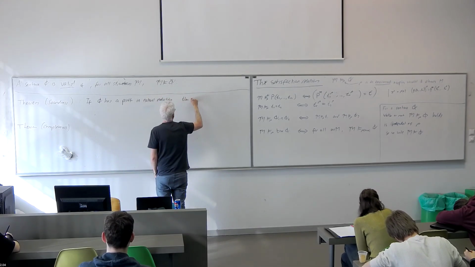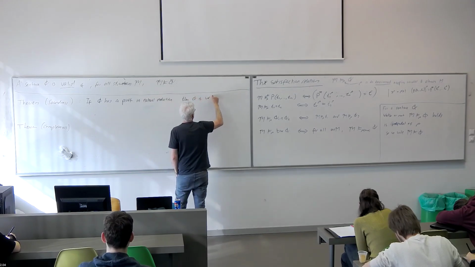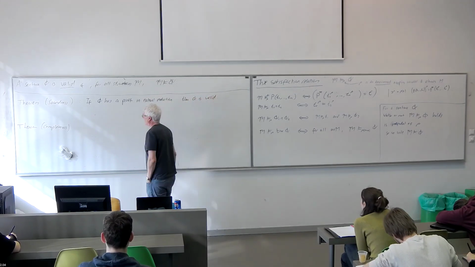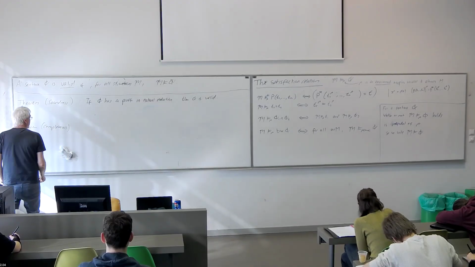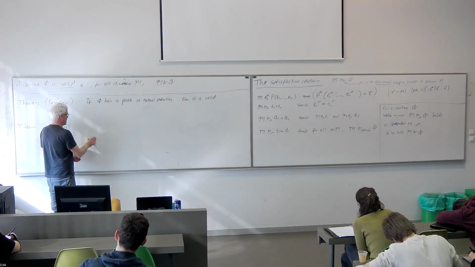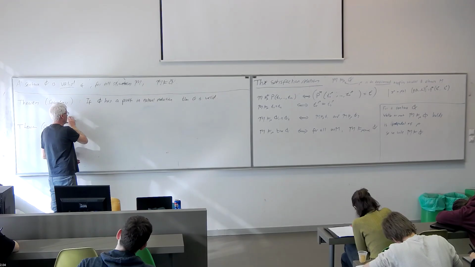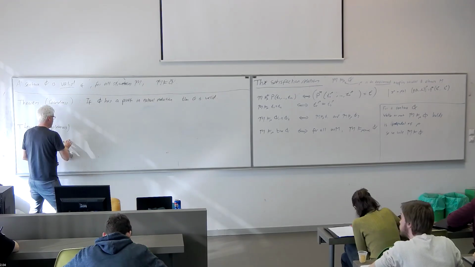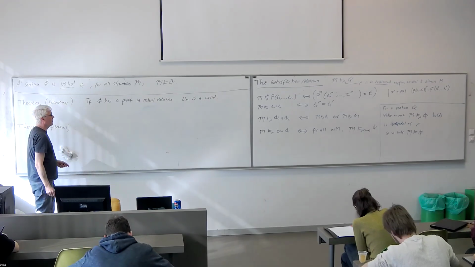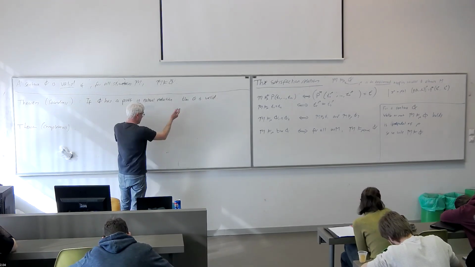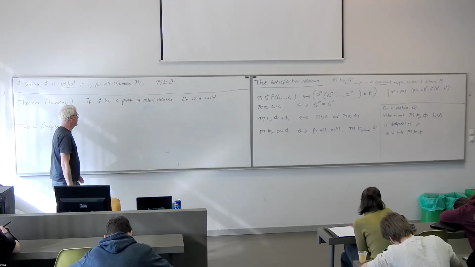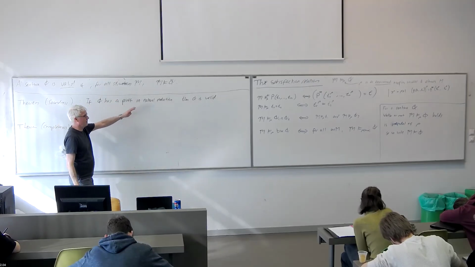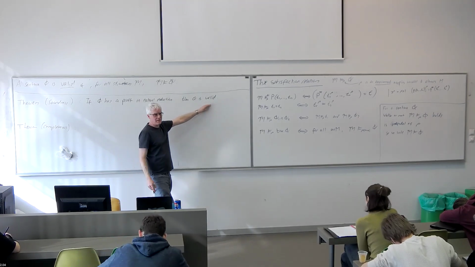Then phi is valid. So just like propositional logic, we can only prove tautologies. The whole point of the proof system is we're trying to reason about things being true by virtue of logic. That's the point of reasoning. And so the proof system is correct. We can only prove valid sentences.